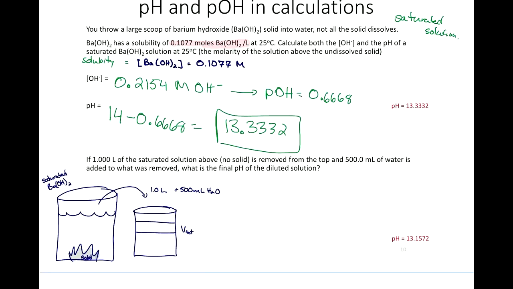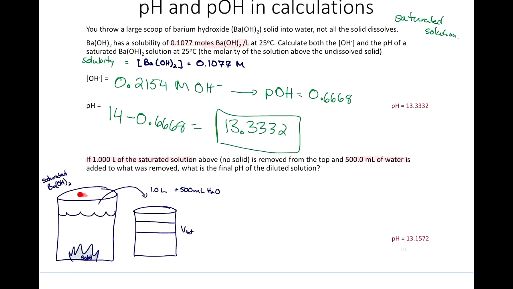All right, so what if we take 1 liter of that saturated solution and then add 500 milliliters of water? What is the final pH of that diluted solution? So I have a nifty little picture for you here. All right, so we just calculated the pH of this saturated solution.